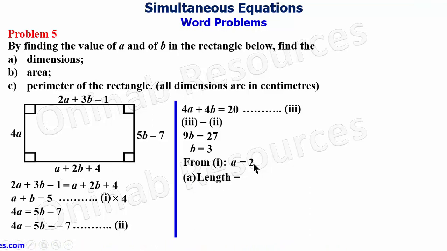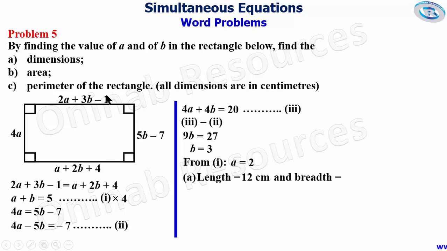If you put a here and b here, it's going to be 2 plus 6, since 2b is 2 times 3 to give us 6, plus a, which is 2, giving us 8, and 8 plus 4 gives 12. So the length is 12 centimeters.